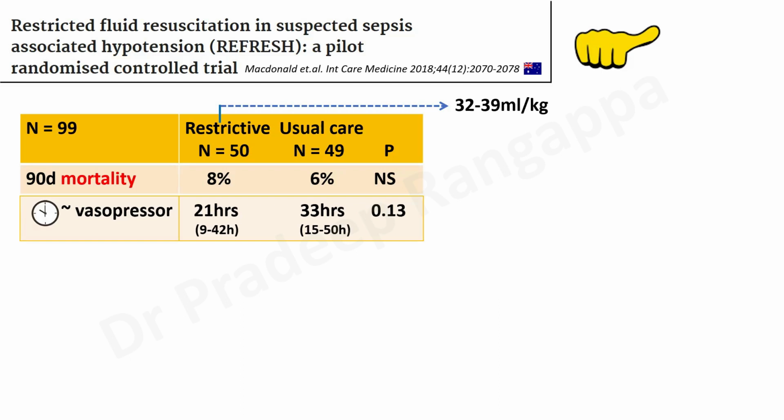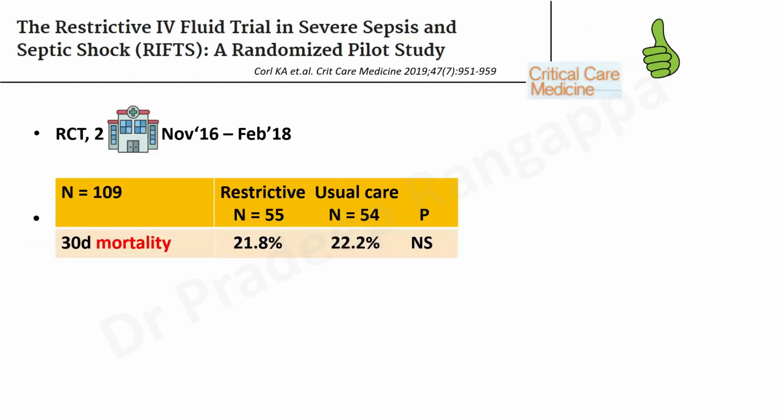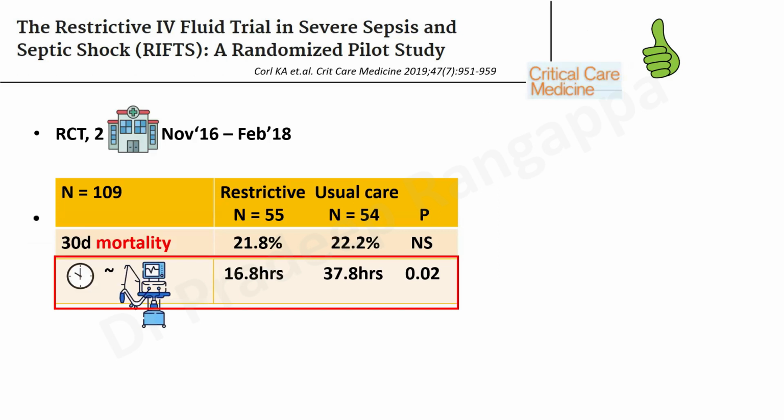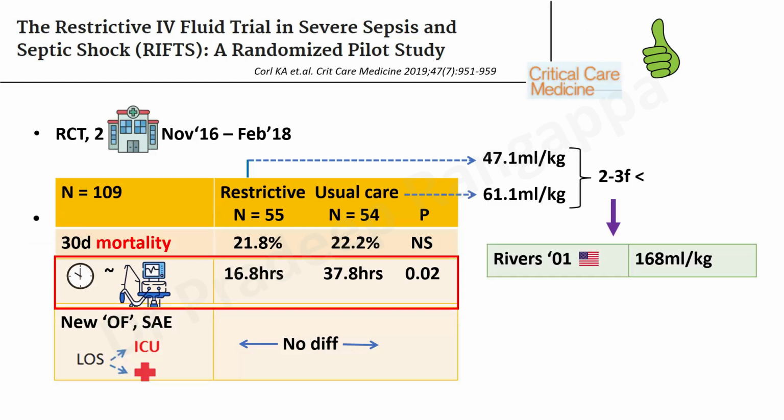Duration of vasopressors was no different. And the restrictive they used was only 32 to 39 ml per kg. Then the RIFS trial came in 2019, a study done in 109 patients, where they said in patients with restrictive, the duration of mechanical ventilation was significantly less as compared to the usual care. And here in the restrictive they used 47.1 ml and in the usual, they used 61.1.